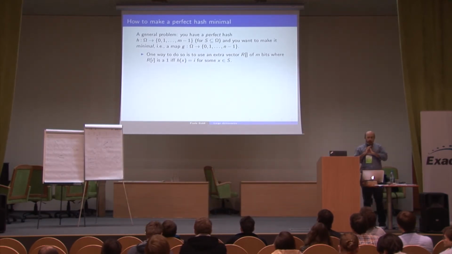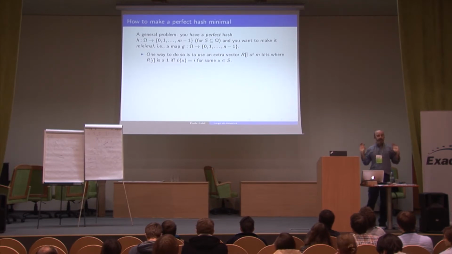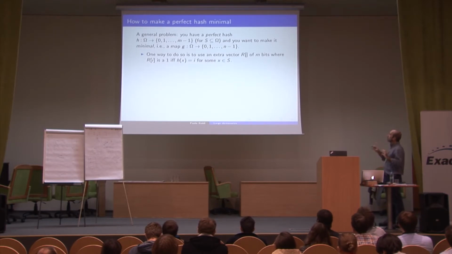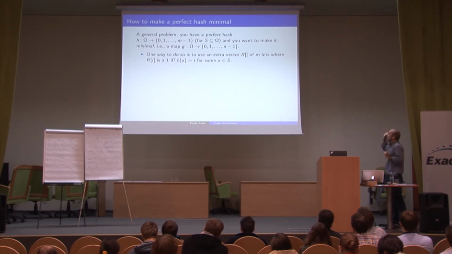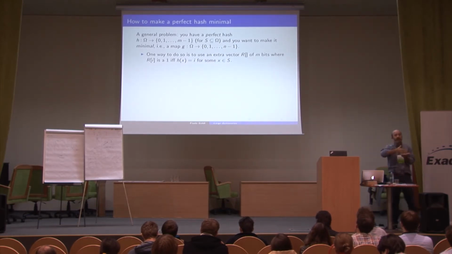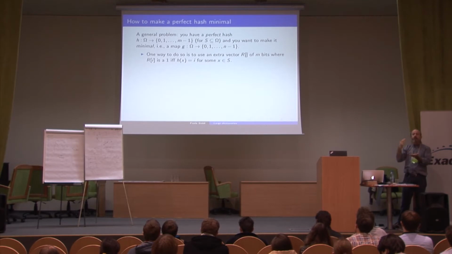You take an extra vector of bits, we call it R, and the vector R contains zeros and ones, and it contains a 1 every time H maps some string of S into that specific index. So you look at all the strings in S, and you will see where they end up in the set 0 to m minus 1.